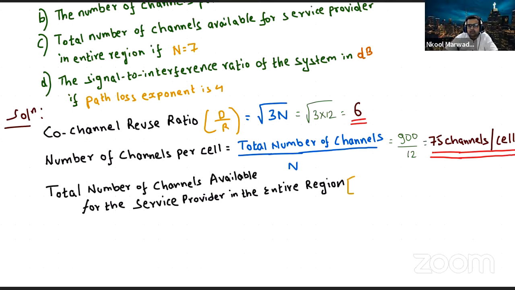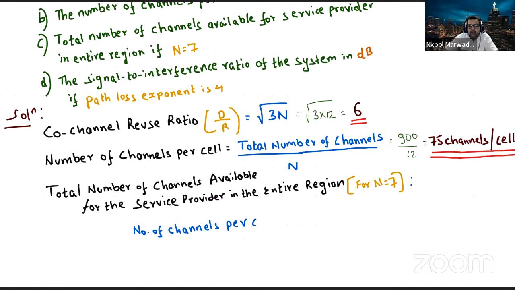For capital N equal to 7, first I will calculate the number of channels per cell.